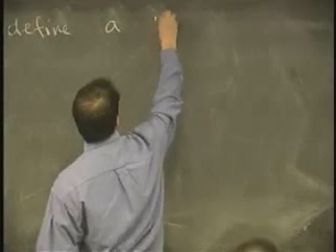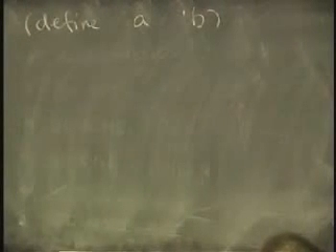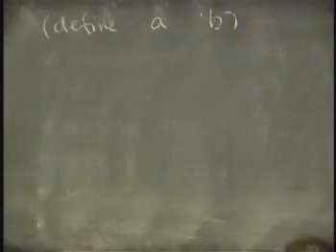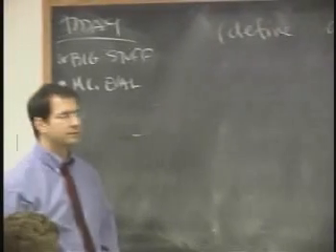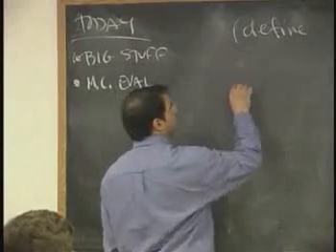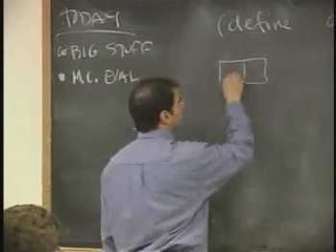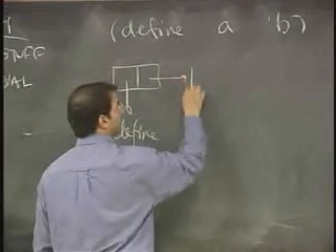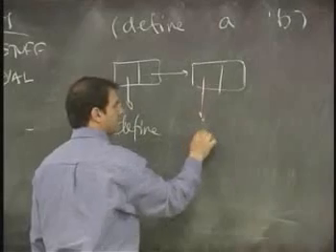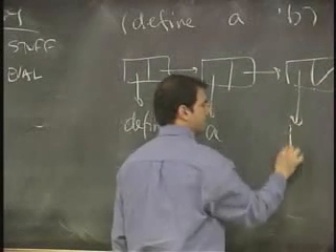Define A to be B. This is a list of 1, 2, 3, 4 elements. Really? No, 3. What's the list? Help me draw the box and pointer diagram here.